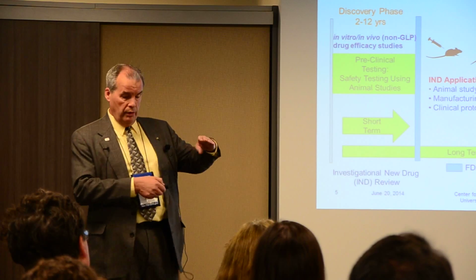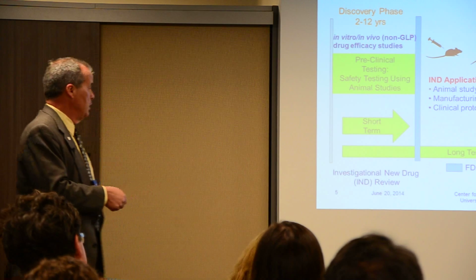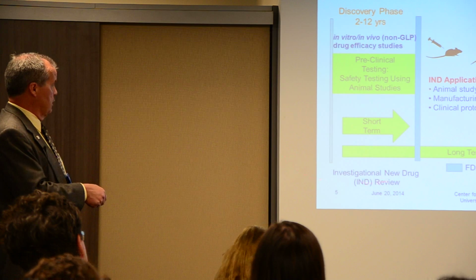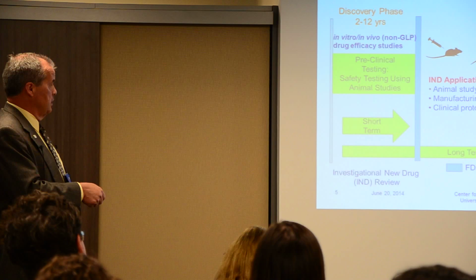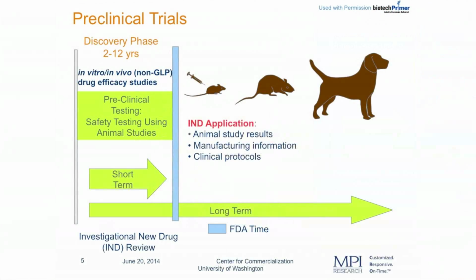It's sort of a progress report, and your clinical protocols: what you intend to do to put your drug into clinical trials. This is your investigational new drug application. The FDA gets 30 days to review what you submit when you submit your IND. And you don't have to wait for them to give you the okie dokie. If they don't get back to you within 30 days, it means they don't have any questions.